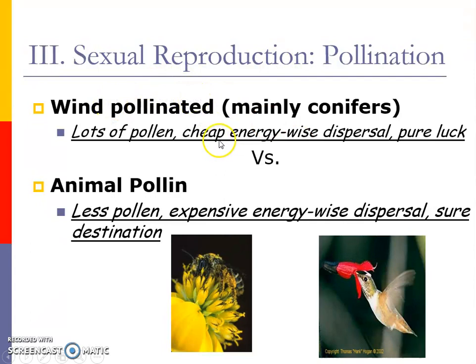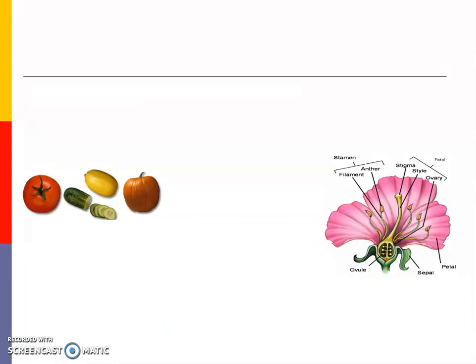This is pretty cheap because the wind just does it for us as a plant, but it doesn't have good direction, right? The wind's going to take it wherever the wind wants. Versus a lot of animals do the pollination for the plant, like bees and birds. This can be kind of expensive because the plant has to look very attractive to the bee or bird, but it is more likely to get to the exact plant it wants to get to.